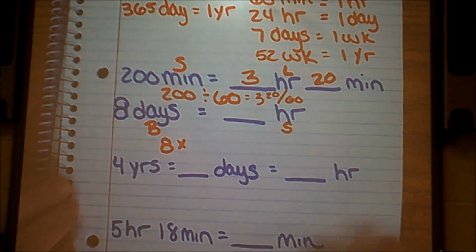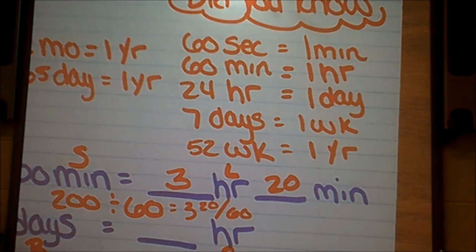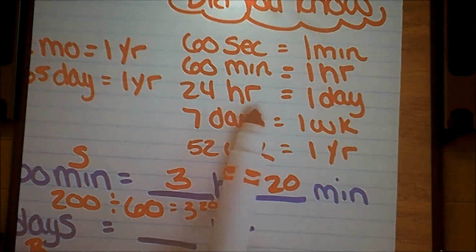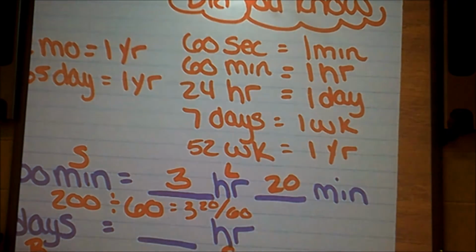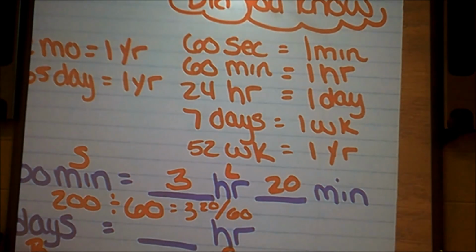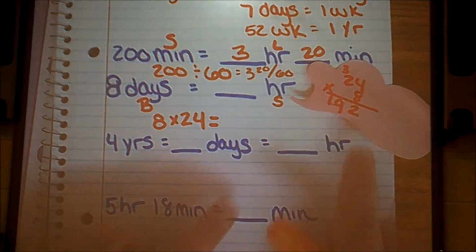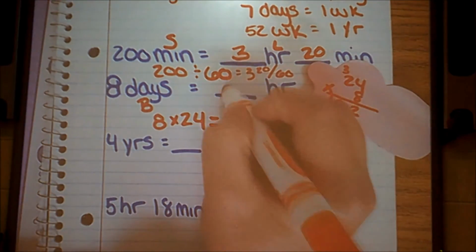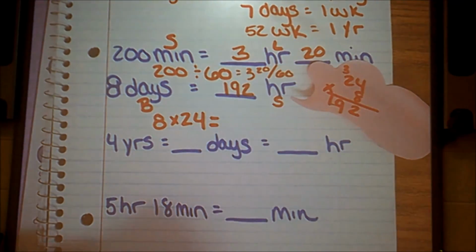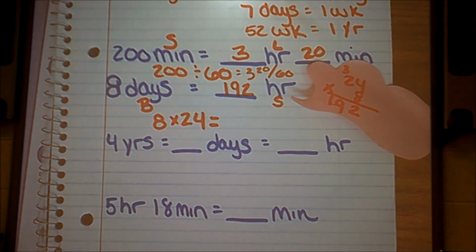So I come up to my Did You Know, and I can see that there are 24 hours in 1 day. So that is what I'm going to multiply. According to the math on my speech bubble, there are 192 hours in 8 days. Oh my gracious, can you believe that? A week and a day has 192 hours.